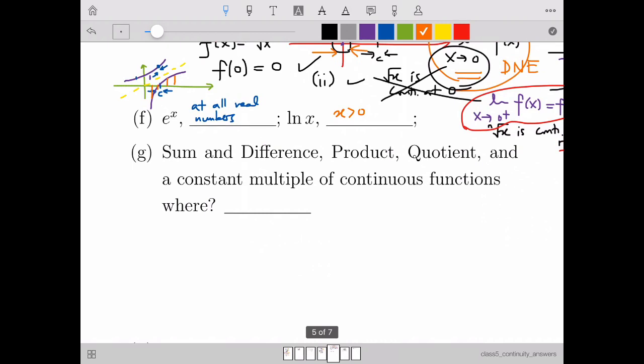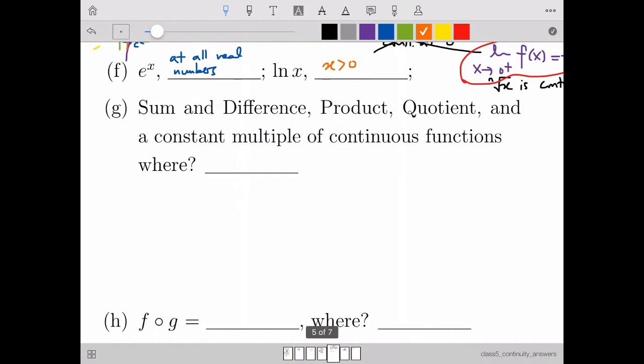And then sum, difference, product, quotient, and constant multiple of continuous functions. Okay. So for this, suppose the limit of f of x is f of c. What does this tell you?